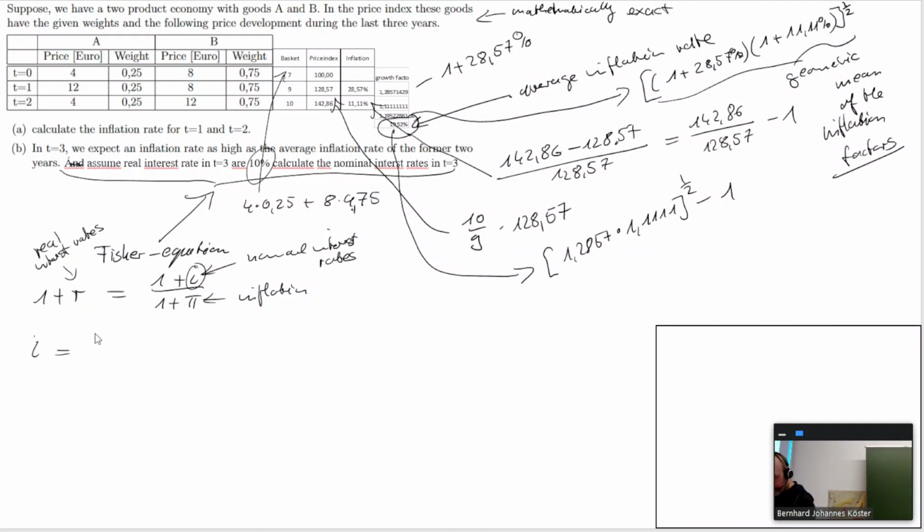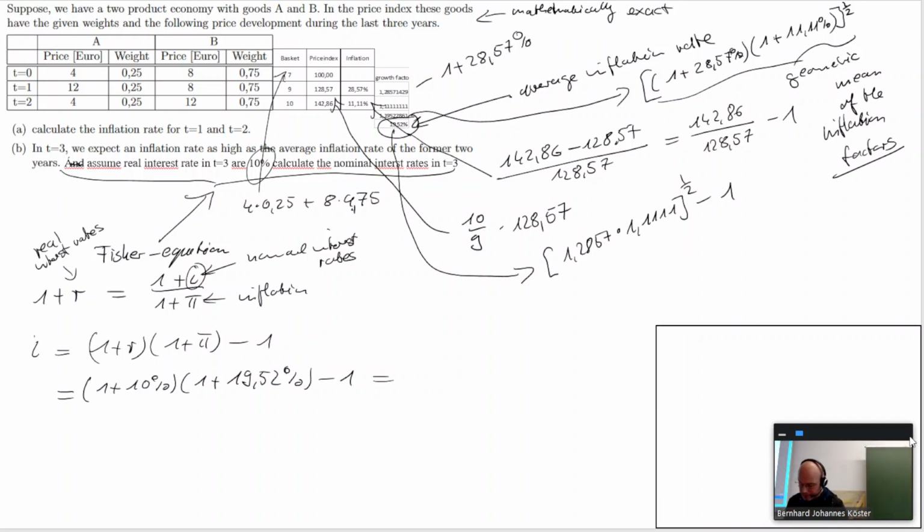So the nominal interest rate is 1 plus the real interest rate times 1 plus inflation, minus 1. Then we just put in our numbers: 1 plus 10% times 1 plus 19.52%, minus 1.